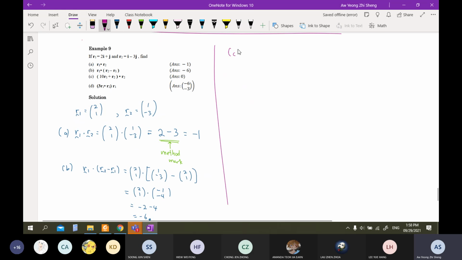Just continue on the right here. Then R1 plus R2 dot with R2. R1 plus (1, -3) dot with (1, -3).